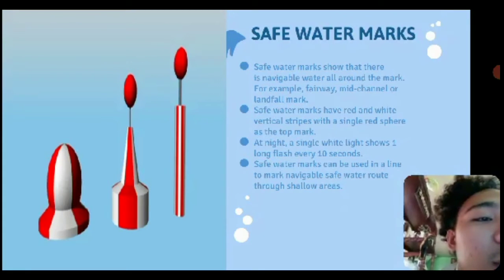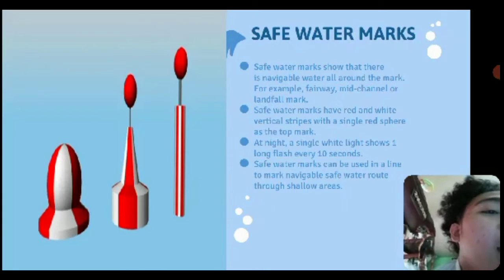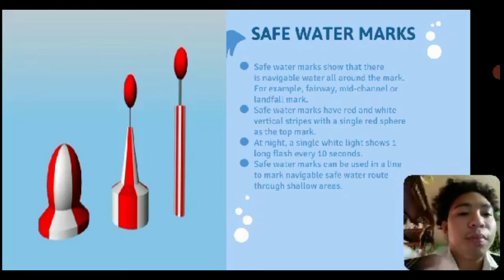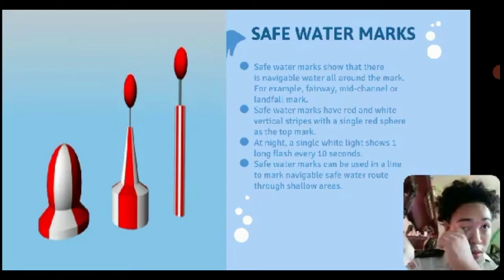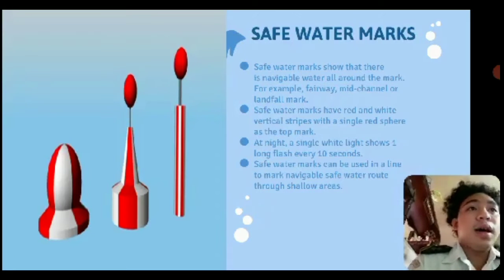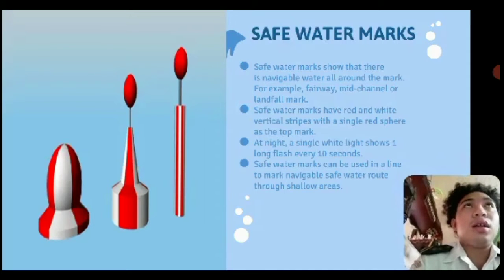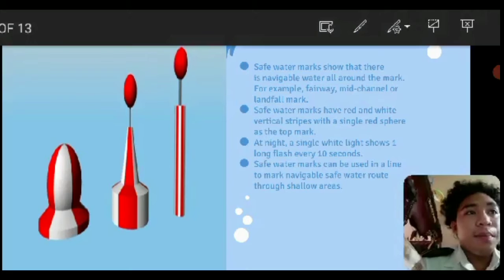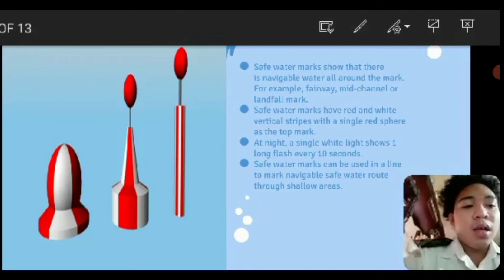Safe water marks have red and white vertical stripes with a single red sphere as the top mark. The top mark used for the safe water mark has the shape of a sphere, pillar, or spar, painted with vertical red and white stripes.